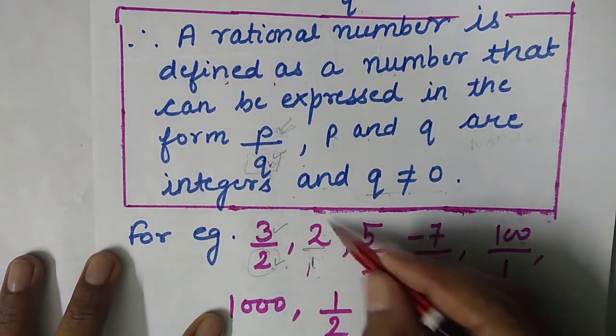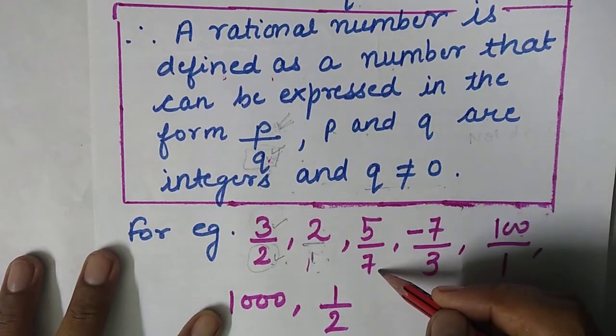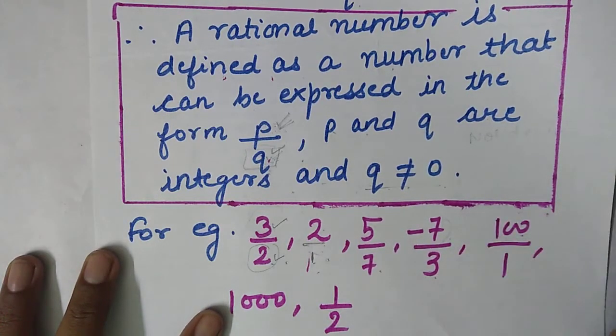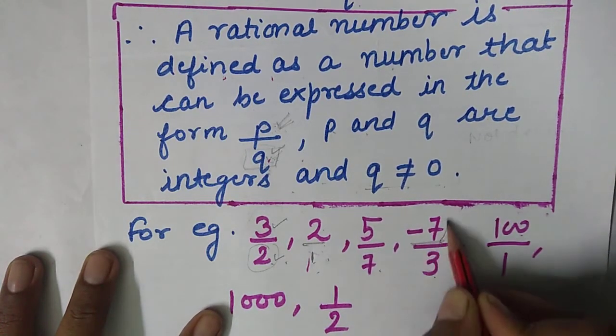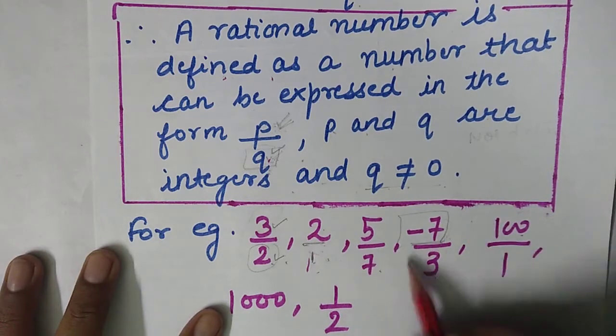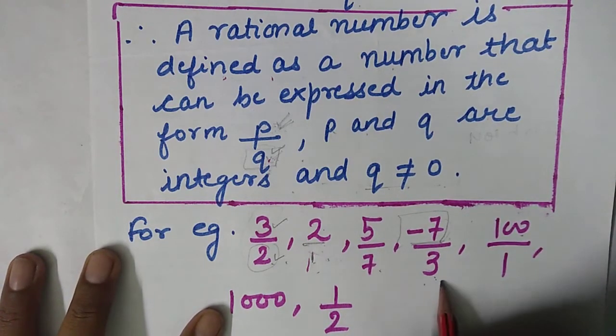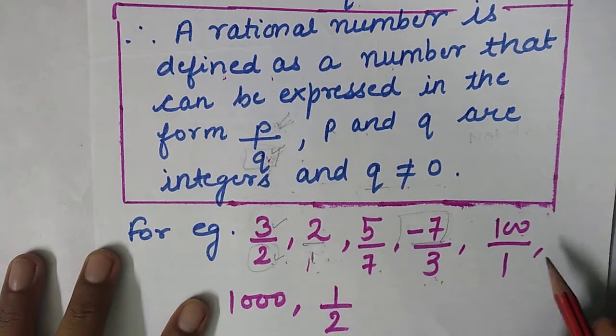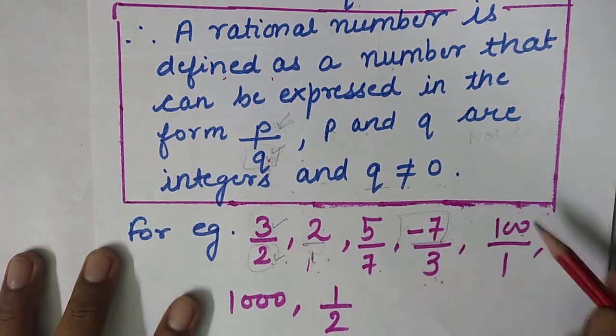So this is a rational number. This 5/7 is a rational number. This -7/3 is also a rational number because -7 is an integer and 3 is also an integer, and 3 is not equal to 0.